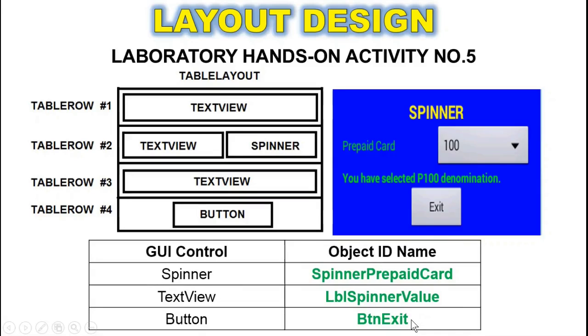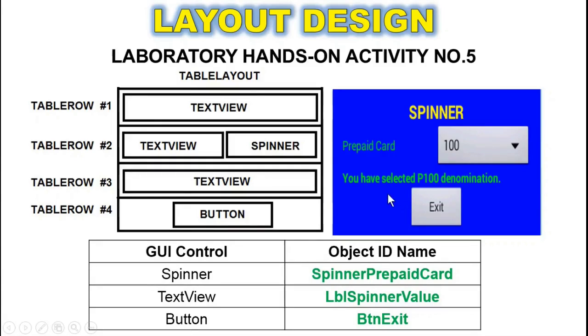I chose these three GUI controls because I wanted to access them in my Java code. I wanted to know what is the value selected by the user from the spinner. That's why I need to name the ID of this spinner GUI control.